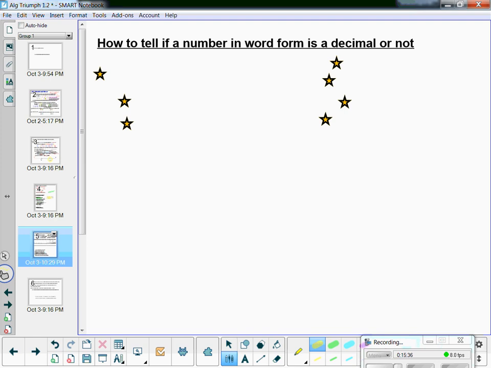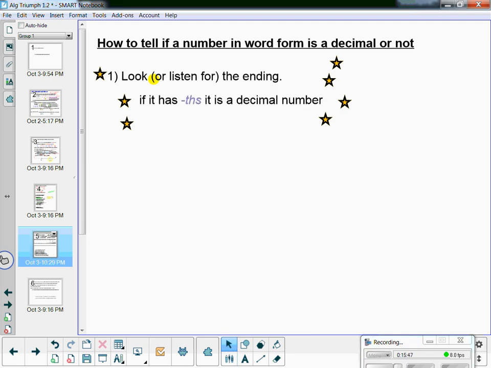How to tell if a number in word form is a decimal or not? Well, let's look. Look or listen for the ending. If it has THS, it's a decimal. If it has S, it's a whole number. Tens versus tenths. The whole number is tens.